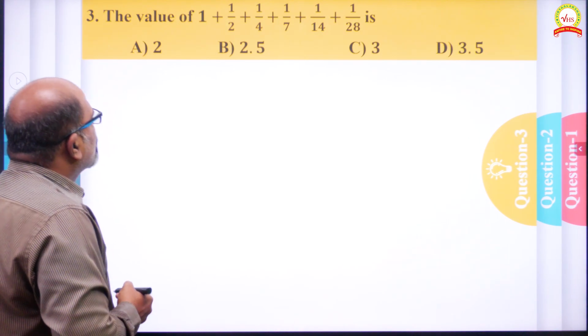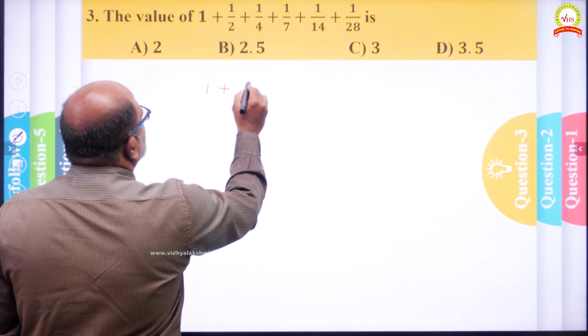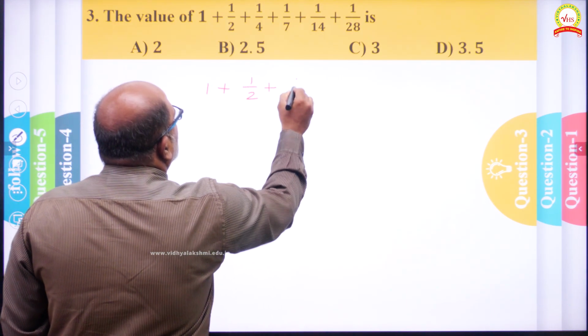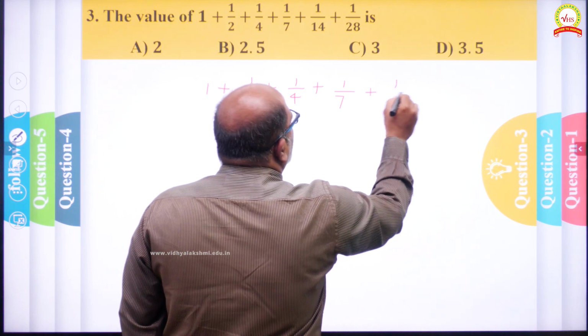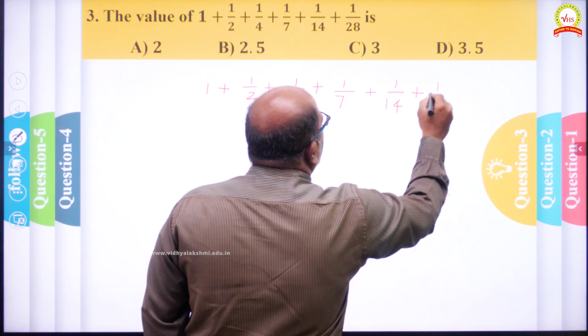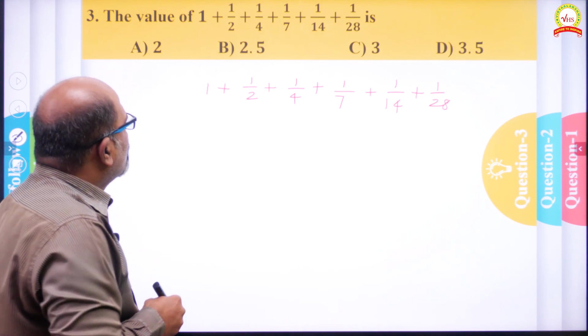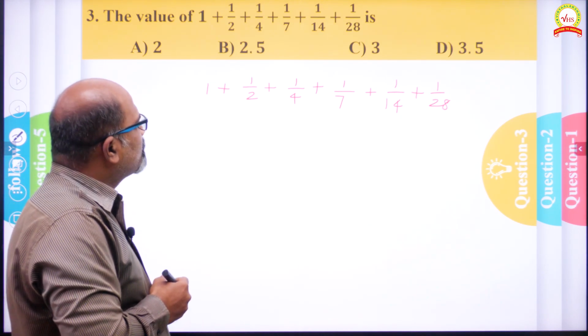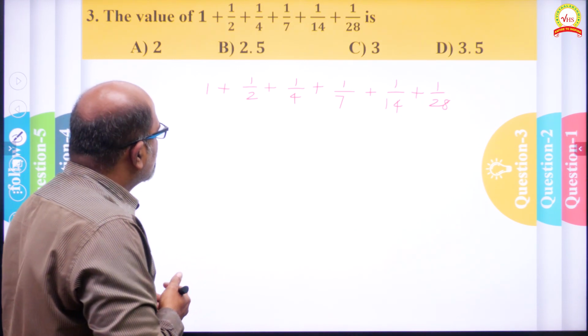Okay, let us take the question carefully as it is given in this problem. 1 plus 1 by 2 plus 1 by 4 plus 1 by 7 plus 1 by 14 plus 1 by 28 we are having. Okay. When I look at this problem, I can get an idea.